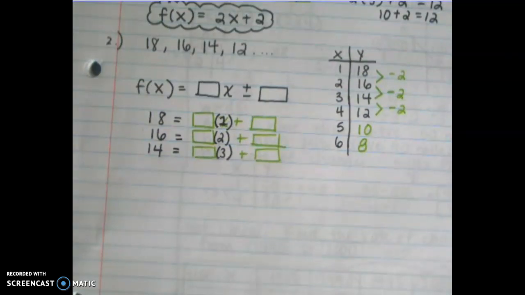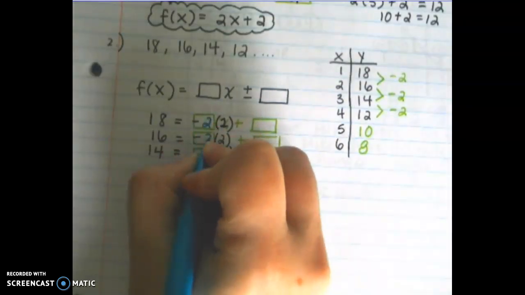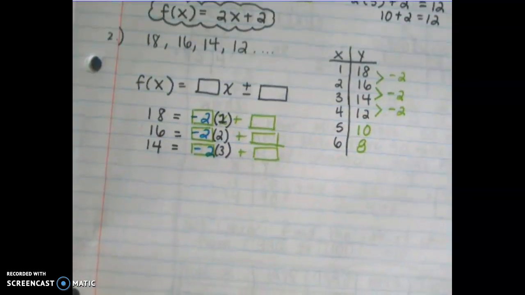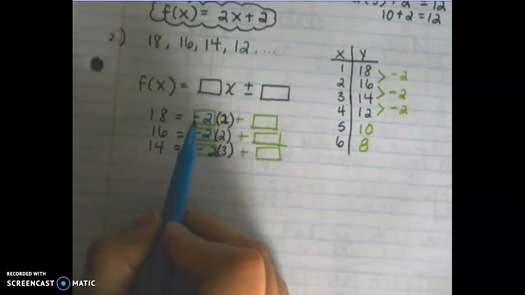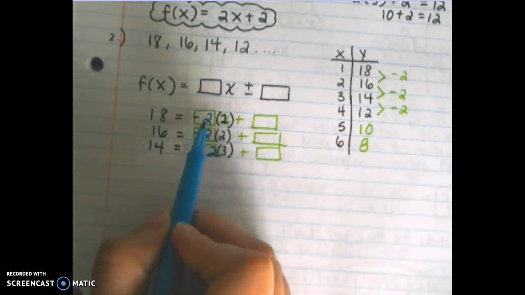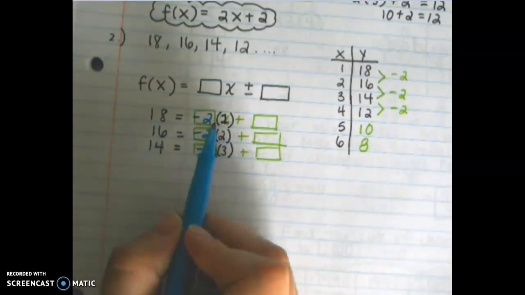So let's see if we can figure out what works. That -2 is probably important. Maybe I can try multiplying by -2. So if I do -2 times 1, that's going to give me -2. How do I get from -2 all the way up to positive 18?